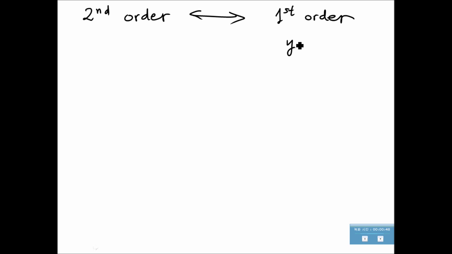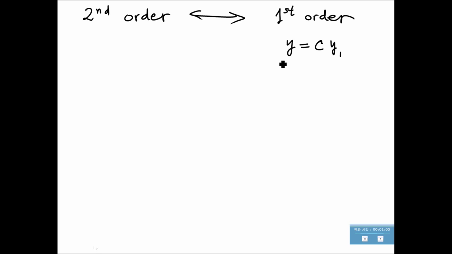For second order versus first order. On first order, you have the solution y as a function: y1 could be any function in its primitive form, right? And you multiply by an arbitrary constant.